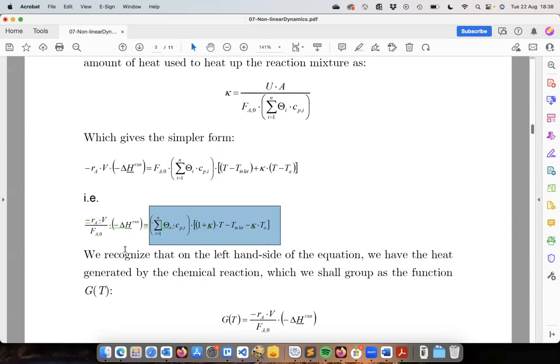So how much heat are we generating in the reaction versus how much heat are we removing? And of course, in our CSTR, we like steady states. So we are interested in the point where these two are equal, right? We don't tend to like the case where we aren't removing enough heat. Imagine that we are not removing enough heat, then the reaction is oversupplying heat, and that means the temperature will rise and maybe the reactor will fail as a result.